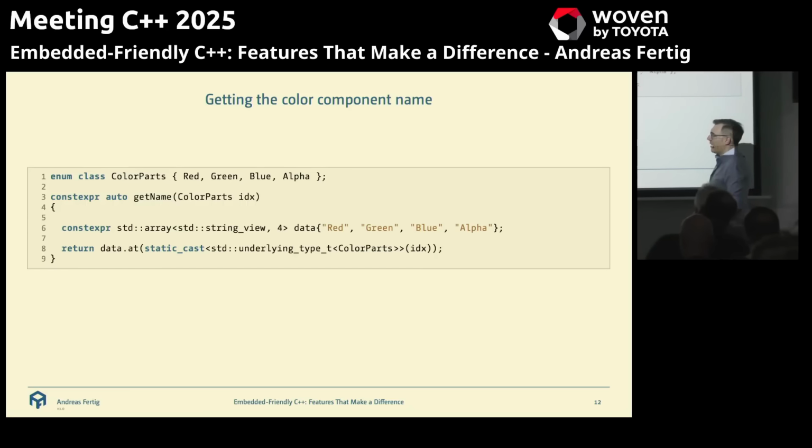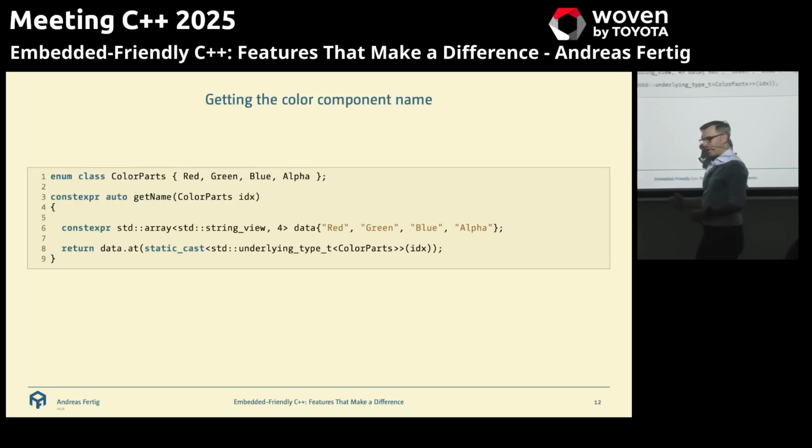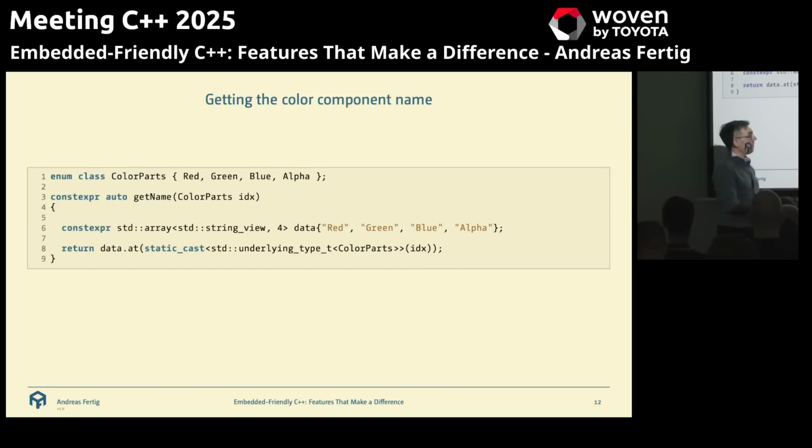The std underlying type T type trait in the standard library helps you fetching the type, and then you're saying, well, I'm casting this parameter value now to this type with a static cast, and then I have something that I can use to grab the value from my std array. That's the correct version to do it.